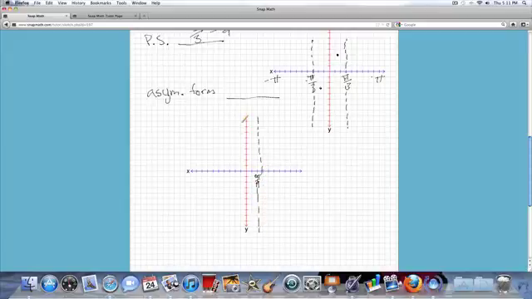This is going to be negative pi over 9, and this is going to be negative 4 pi over 9. This is going to be our vertex right here and our vertex right here, and it's going to look like this. So this is what our graph looks like from our equation.